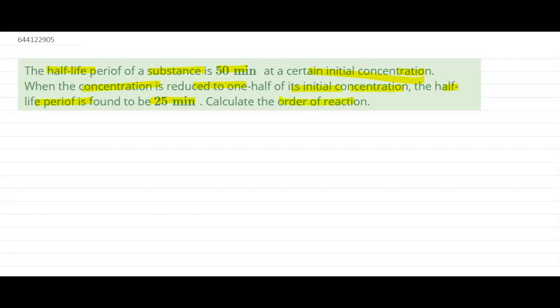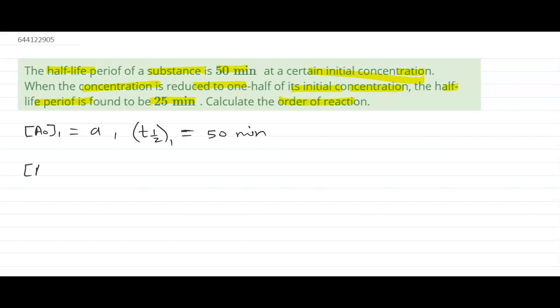So let's say we are assuming the initial concentration A01, which is equal to A. Here we are assuming the initial concentration to be A, and for this particular initial concentration T half 1 is given as 50 minutes. Now in the other part, when the concentration is reduced to one half of its initial concentration, then the half-life is what?